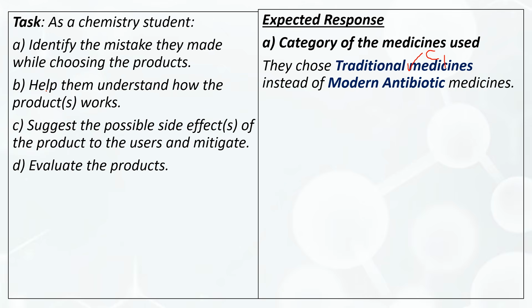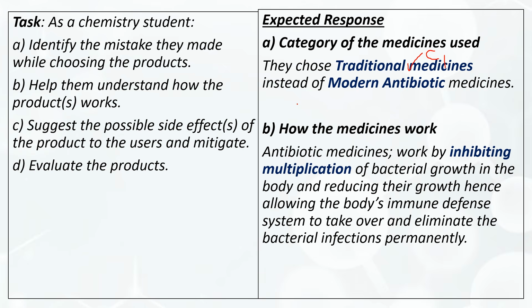Then part B, help them understand how the product works. When you talk about how the product works, then you put out the function of the product that we are talking about. How does the medicine work? Which medicine is the antibiotic medicine?